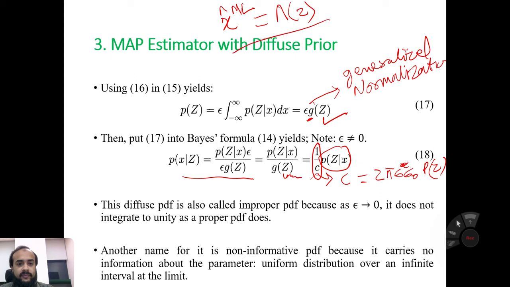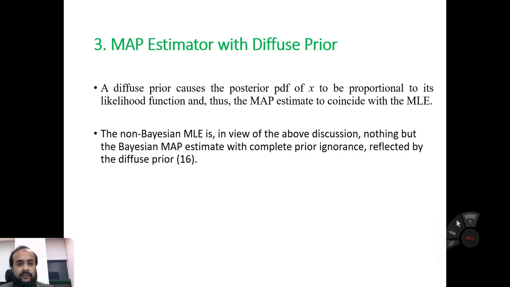In this way, when MAP coincides with the maximum likelihood estimator, the prior is called a diffuse prior PDF. Therefore we can say that the non-Bayesian MLE is, in view of the above discussion, nothing but the Bayesian MAP. MLE and MAP estimators are the same with complete prior ignorance.